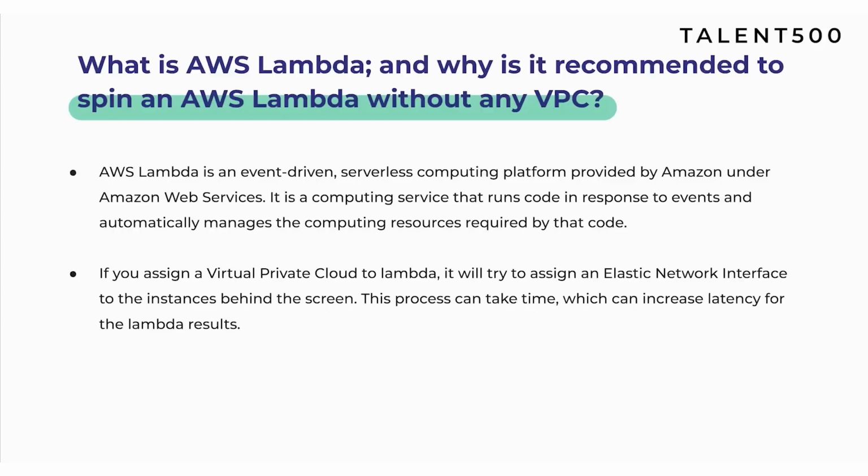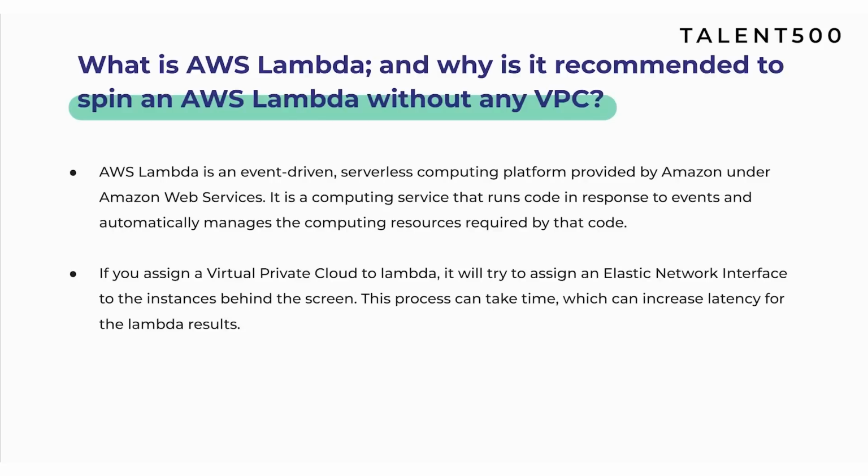What is Lambda? So there are multiple types of architecture, which is microservices, monoliths, and serverless. So Lambda is basically a serverless computing architecture which is provided by Amazon Web Services, and it is also event driven. Now what does that mean? So for example, your Lambda gets some events, it runs some code, and that particular code requires computation, that is compute resources.